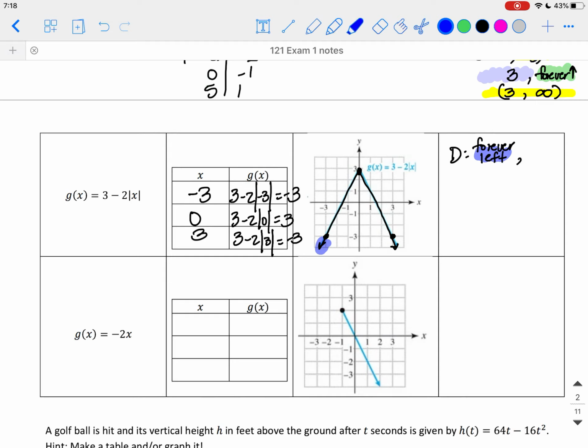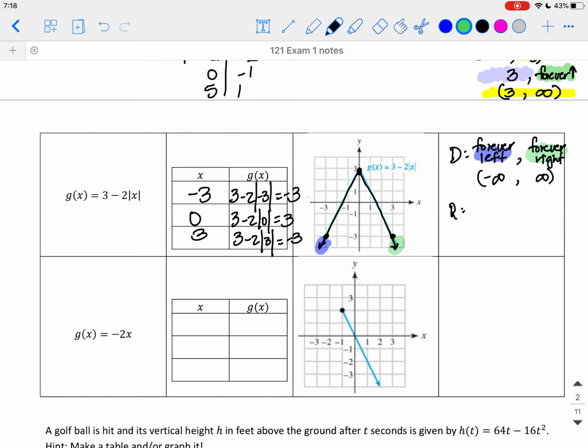And then I'm going to highlight this one. That arrow is telling me that my x's are going forever to the right. And so forever to the right means that my x values are getting bigger, so they're headed towards positive infinity. And forever to the left means that my x's are getting more and more negative. And that's going to be negative infinity.